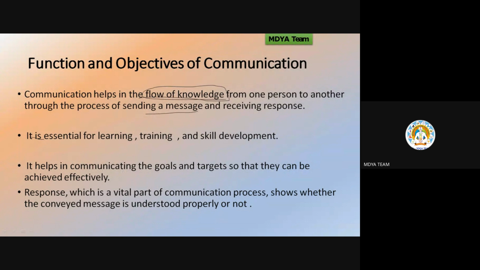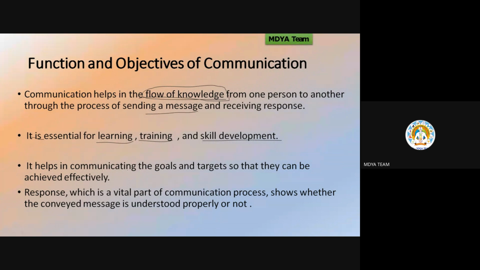One person can share knowledge with others through communication. It is essential for learning, training, and skill development. For all these things, learning and training, we need communication. And this is the function of communication.